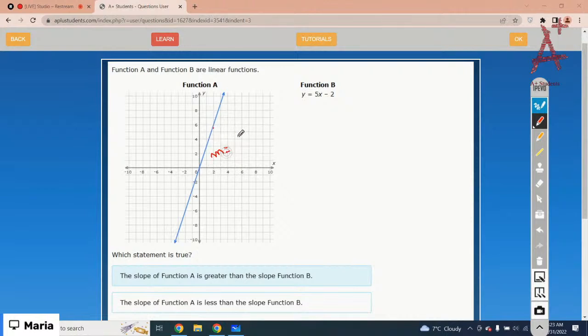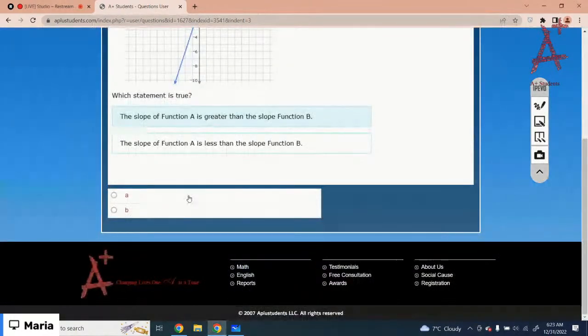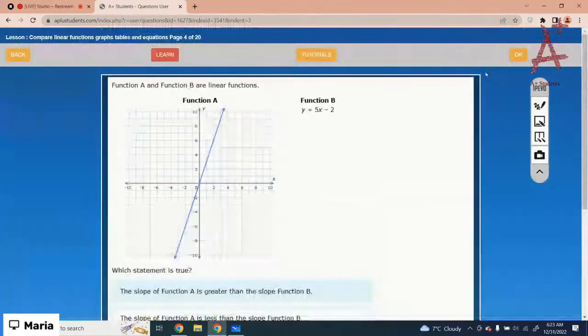The slope for this function is 6 and the slope for the other function is 5. That means the slope of function A is greater than the slope of function B. Option A is the correct option. Got it? Just select the correct option, then click on the OK button.